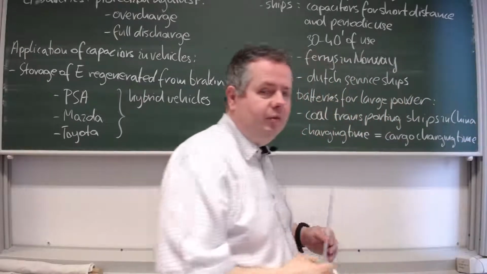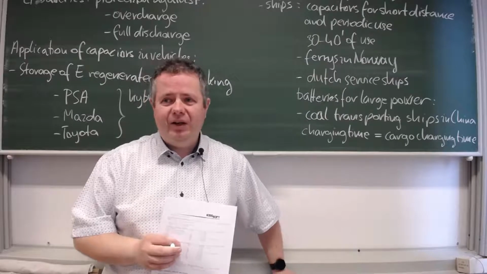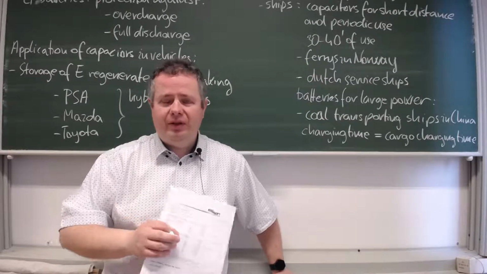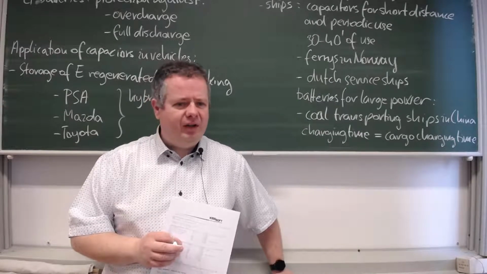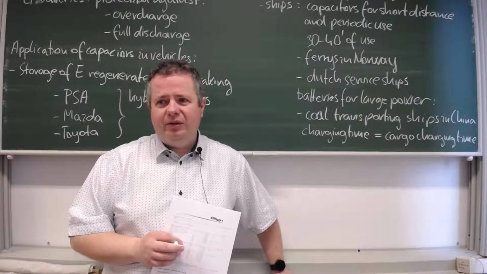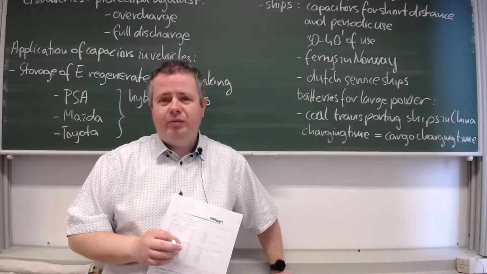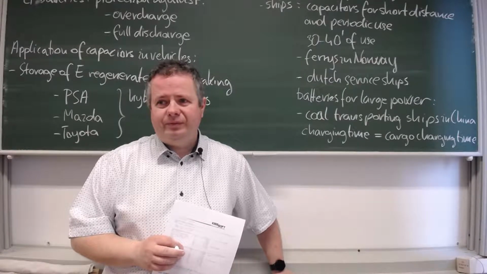So don't be surprised to see more and more ships using electric power. Not the deep sea ships, but ships in rivers or in lakes. For example, at Lake Balaton, it's forbidden to have an internal combustion engine motorized boat for private individuals.